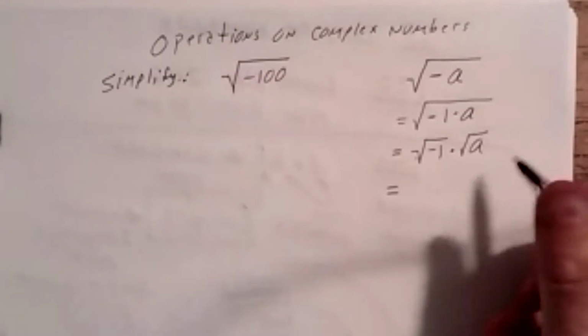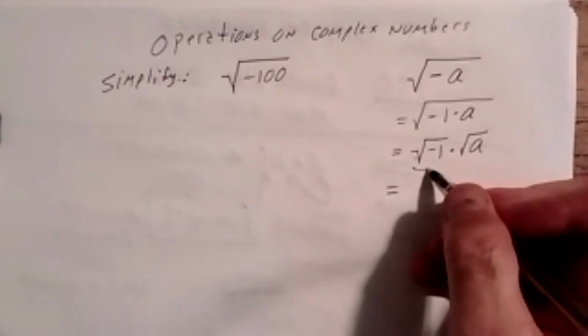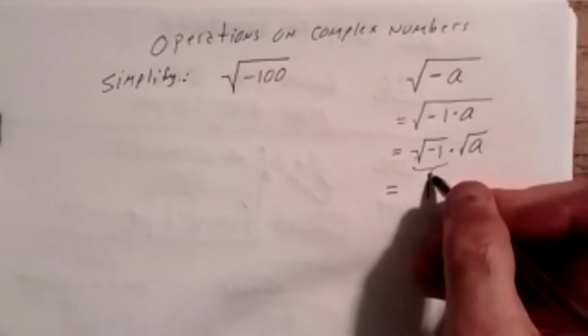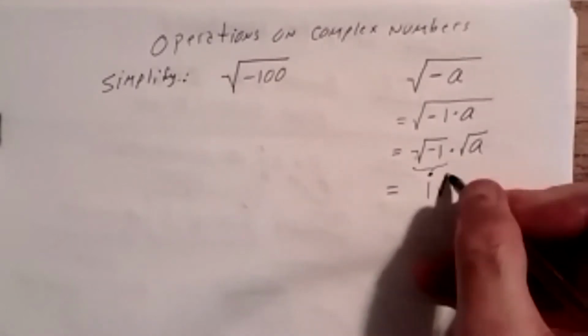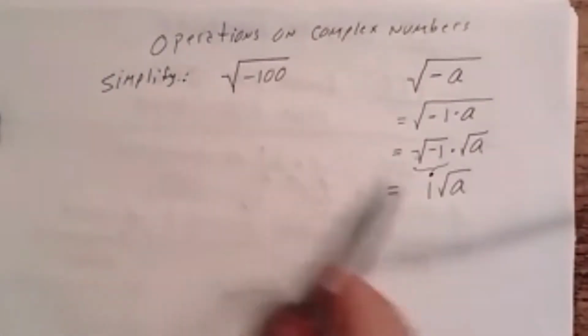But what's the definition of the square root of -1? What is the square root of -1? i, the pure imaginary unit, i. So the square root of -1 is i.